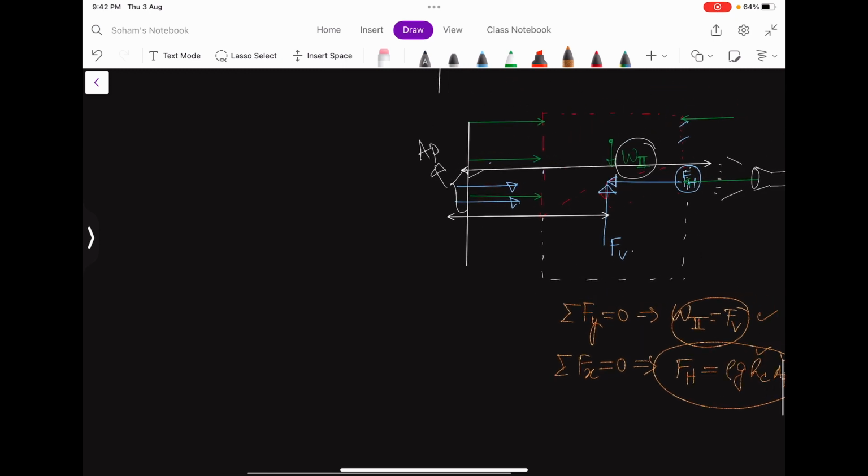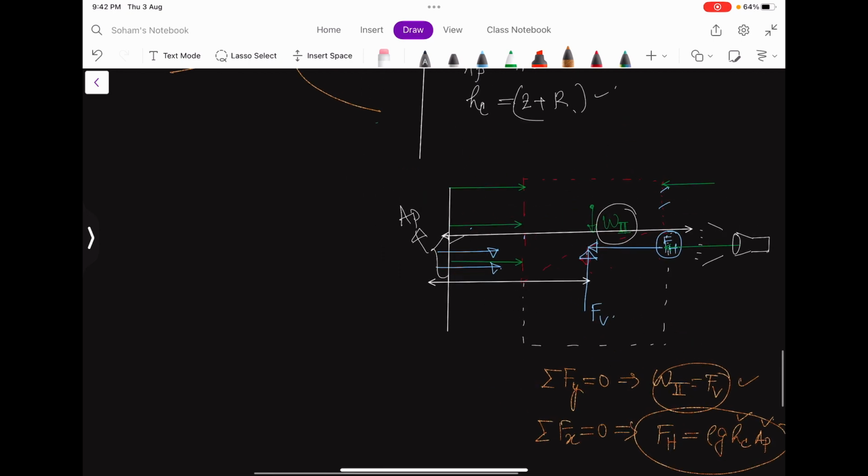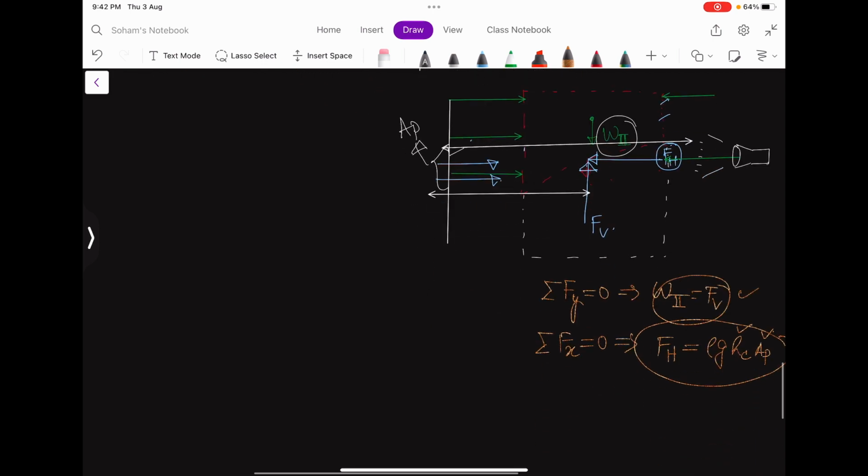These are applications of concepts we all learned in our 10 plus 2 level, even in class 9, 10 level. So both analyses, considering fluid mass 1 and fluid mass 2, give us the same result.